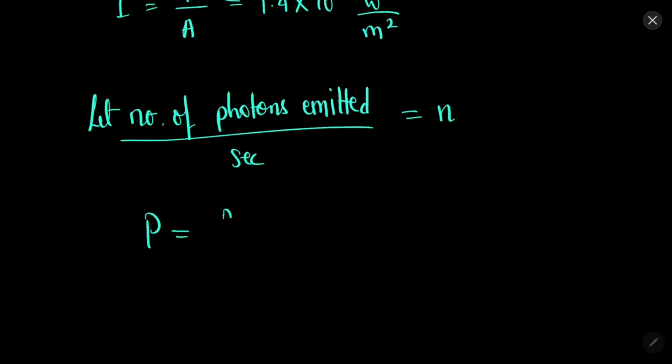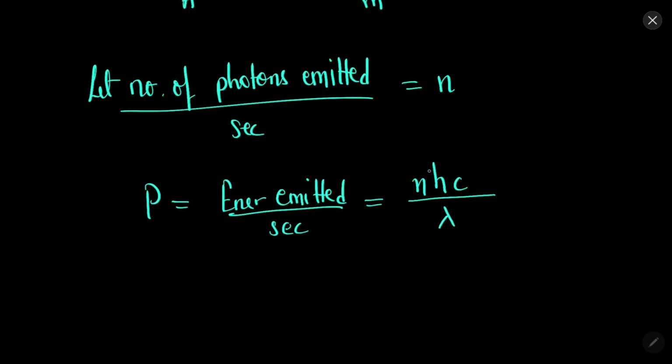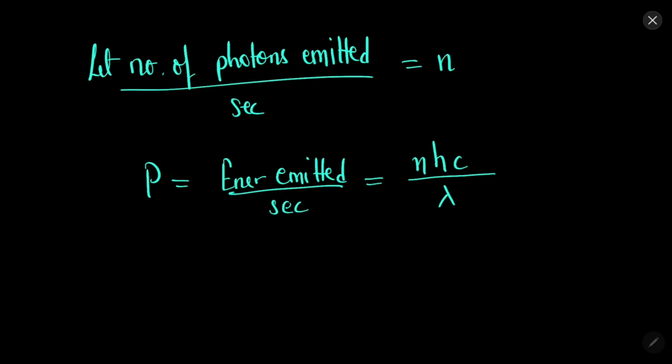So power, the energy emitted per second, will be n hc over lambda. So n will be lambda times power over hc.